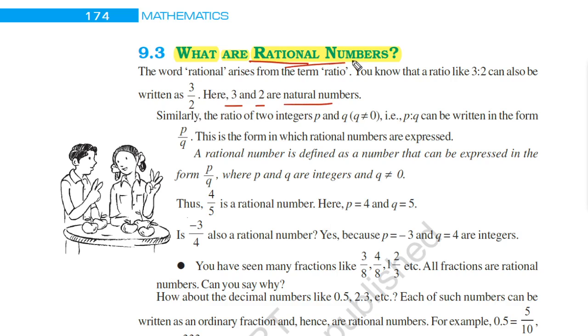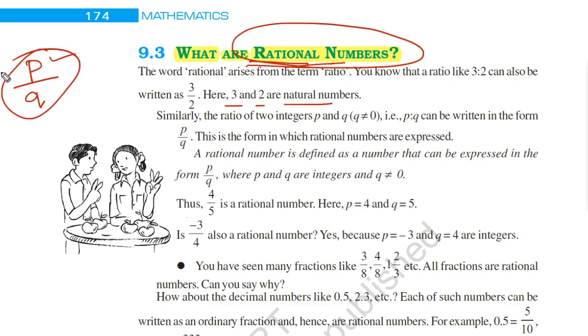A number can be called a rational number when it can be written in the form of p by q. This is the first concept.